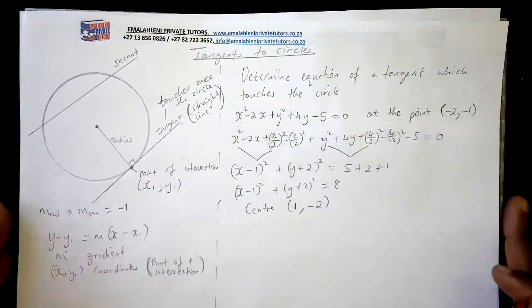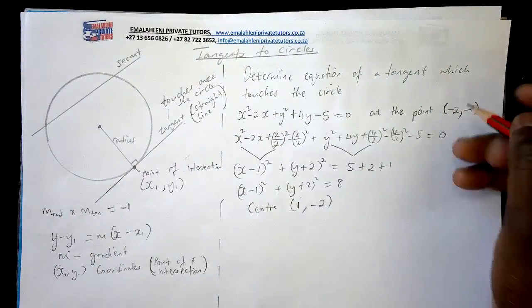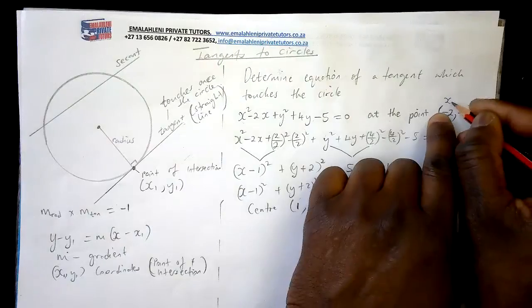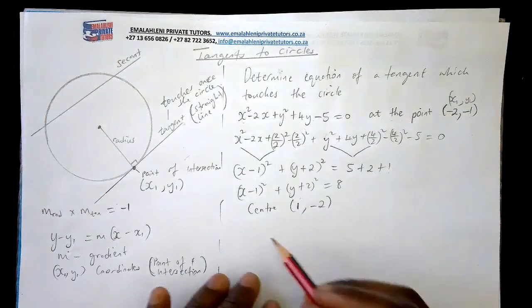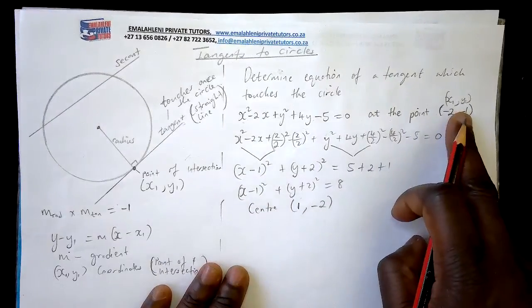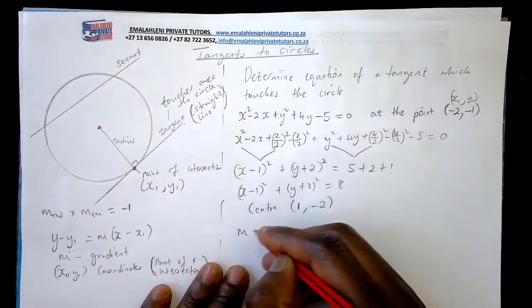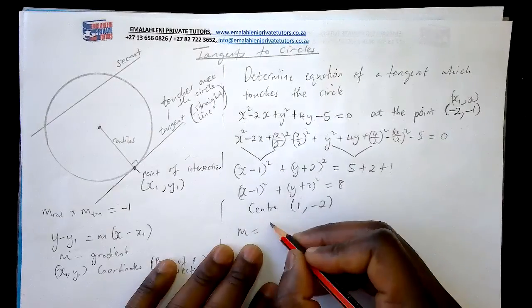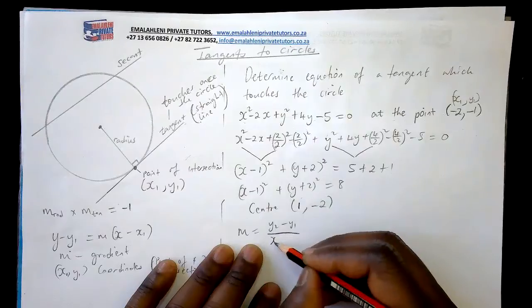So now we want to find the gradient. Since we have x1 and y1, this is our x1 and y1, the one that we use in our equation. Now, what are we going to do? We're going to find the gradient between the center and this point on the circumference. M is equal to y2 minus y1 over x2 minus x1.